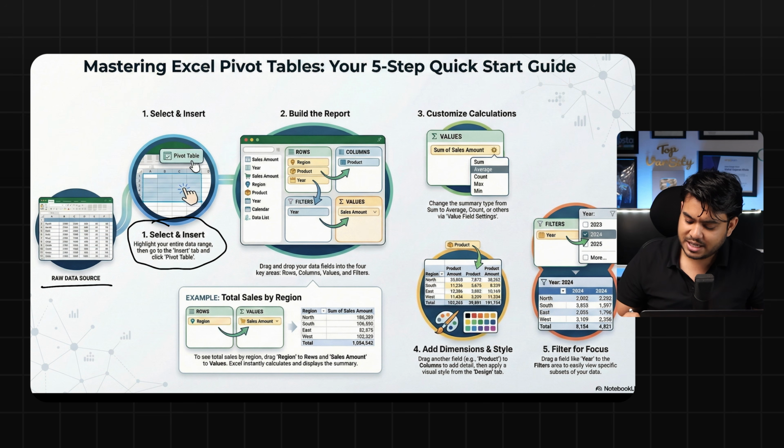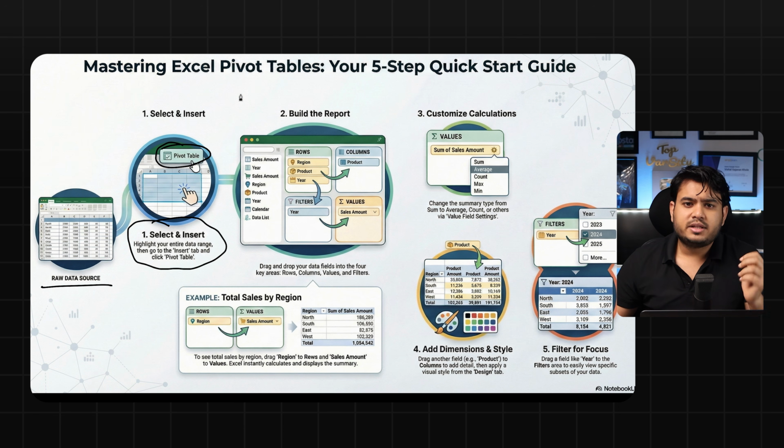First of all, you need to select and insert a pivot table. You will find this option in Google Sheets as well as Excel. And in this video we are going to see both. The interface is a little different, but the concept is very simple and easy, and it is applicable for both Google Sheets and Microsoft Excel. Then you need to build a report.